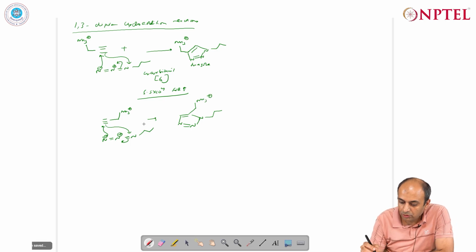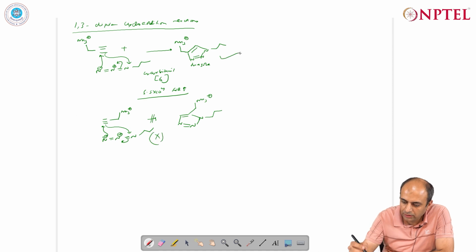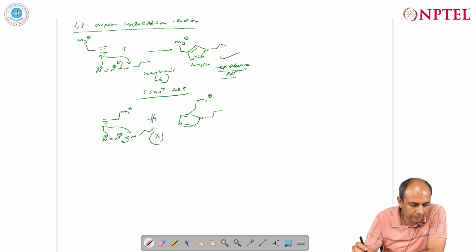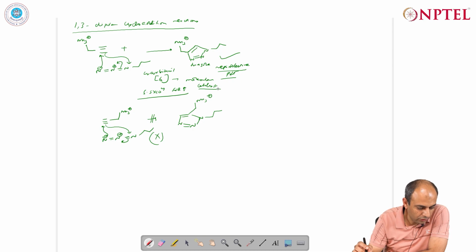So, this is the other possibility. Now, this reaction does not take place, it is this particular reaction which takes place, and it leads to the formation of a regioselective product. And thus cucurbiturils function as molecular catalysts which promote these particular reactions.